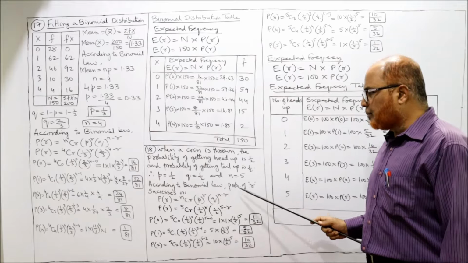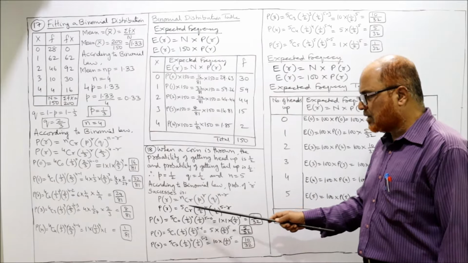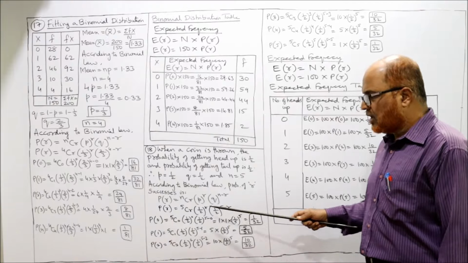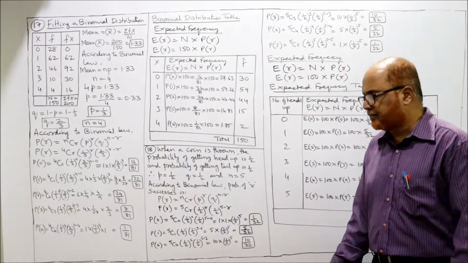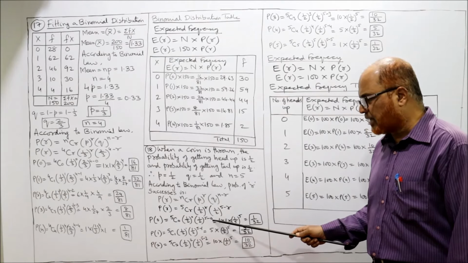According to binomial law, the probability of r successes is P(r) = nCr p^r q^(n-r). Then 5Cr, half to the power of r, half to the power of 5 minus r. Now we calculate P(0), P(1), P(2), P(3), P(4), P(5). So P(0) = 5C0, half to the power of 0, half to the power of 5 minus 0.